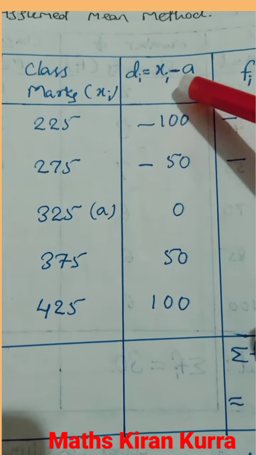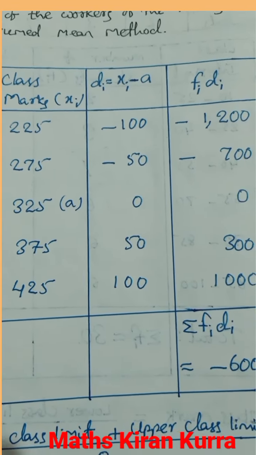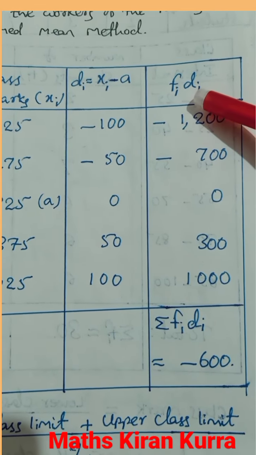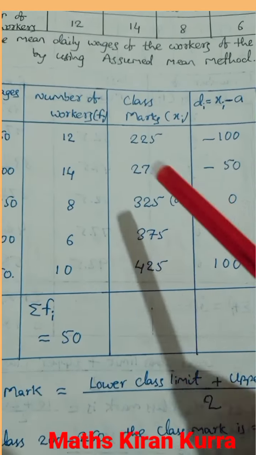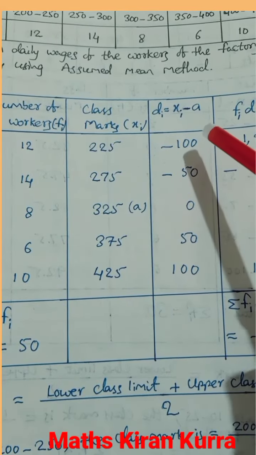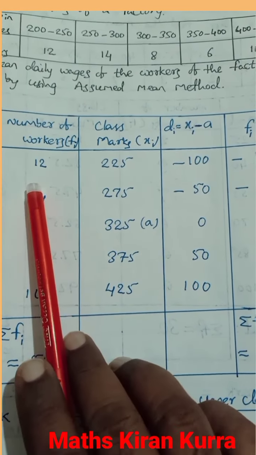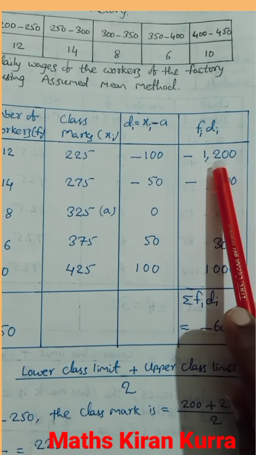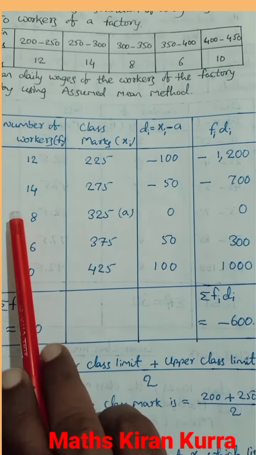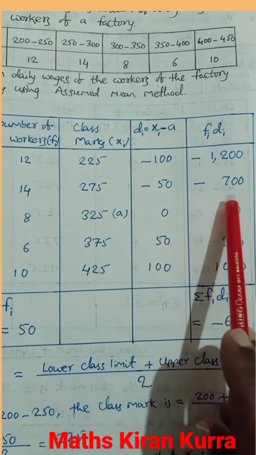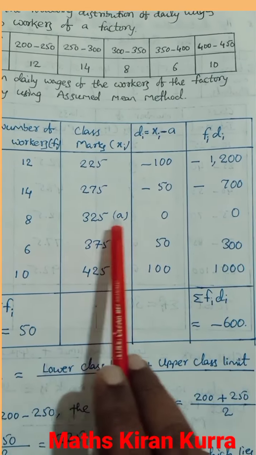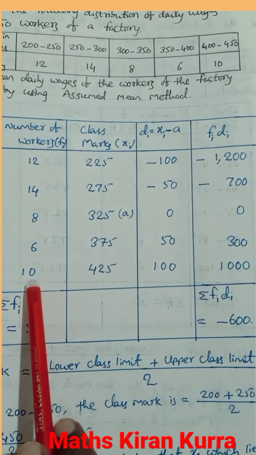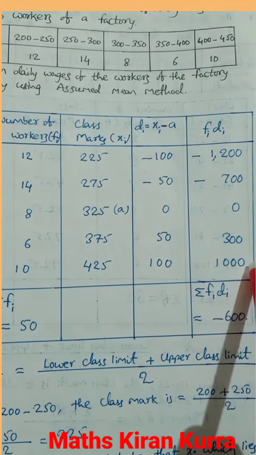These are the di values. Then after that, find the fifth column, fi into di. Already we know the frequency values and the di values. So 12 into minus 100 gives minus 1200. 14 into minus 50 gives minus 700. 8 into 0 gives 0. 6 into 50 gives 300. 10 into 100 gives 1000.